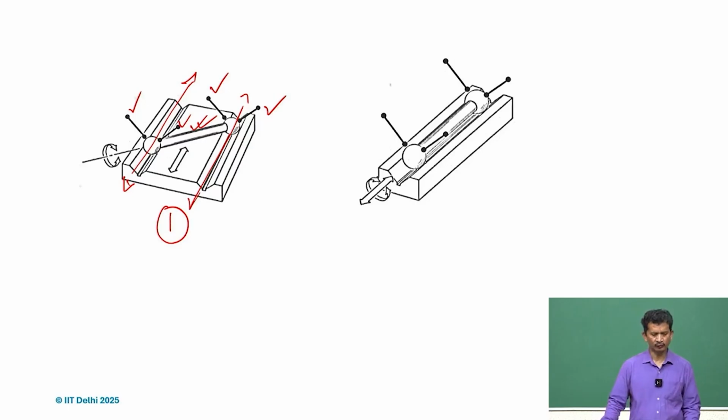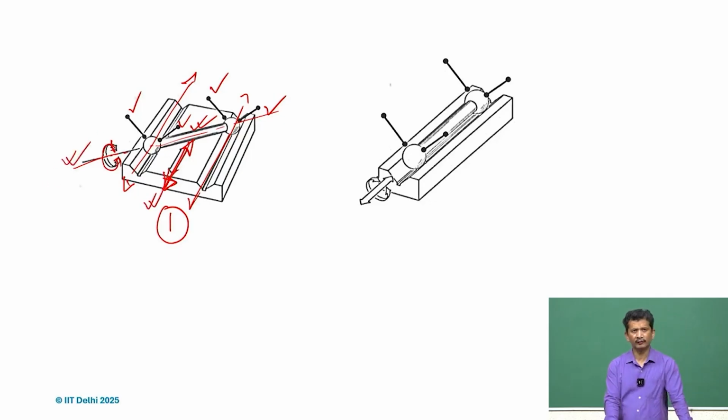So, 2 plus 2, 4 constraints we have. So, ideally we should have removed 4 constraints, and there should be 2 degrees of freedom. So, in this case what will happen, it can slide along the V grooves, and it can also rotate along the axis. So, these are the two degrees of freedom.